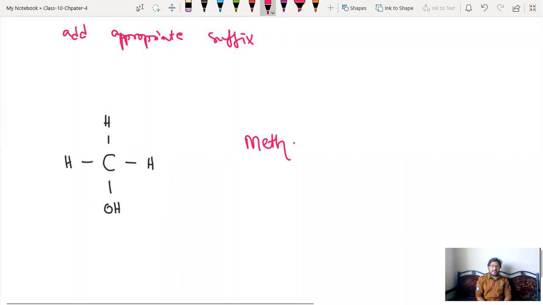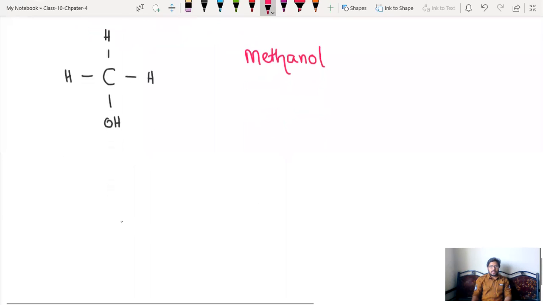So it is alkane. So ANE. So it is methane. What we have to do? We have to remove the last letter E. Then observe what functional group is present. Bond OH is present. Bond OH means it is alcohol. What is the shortcut for the alcohol? OL. That OL to be added here. It will become methanol. Methanol.